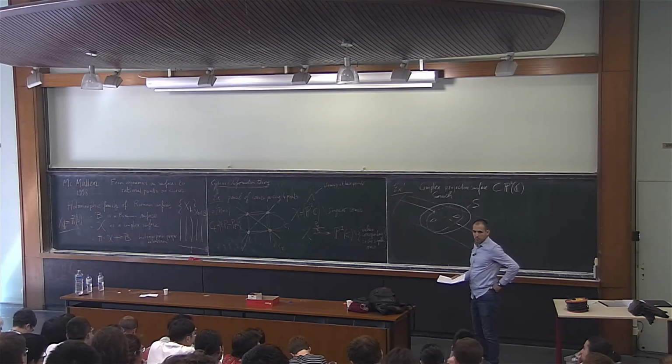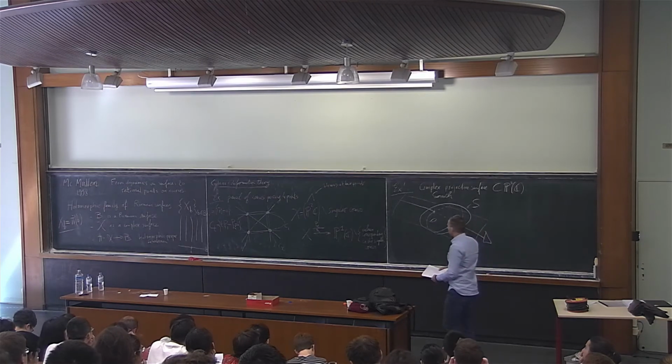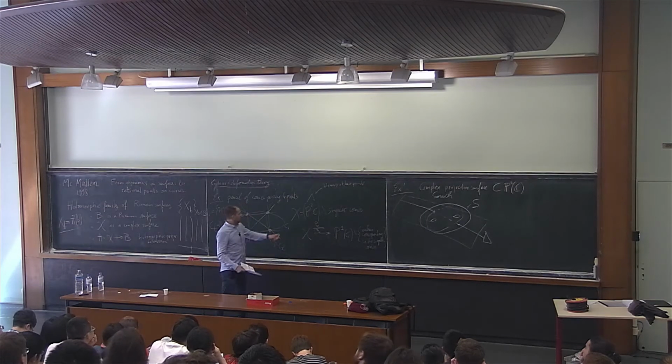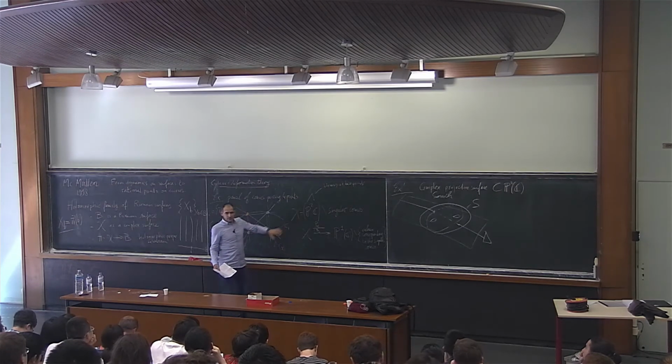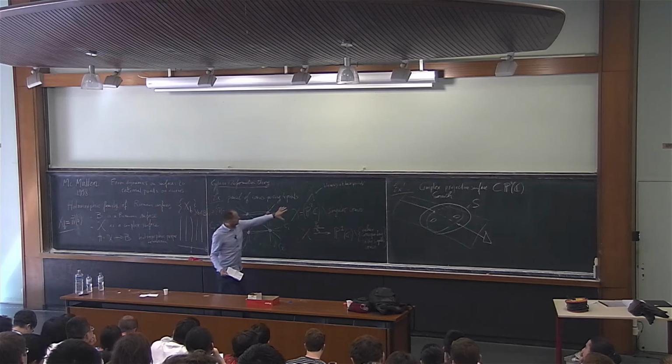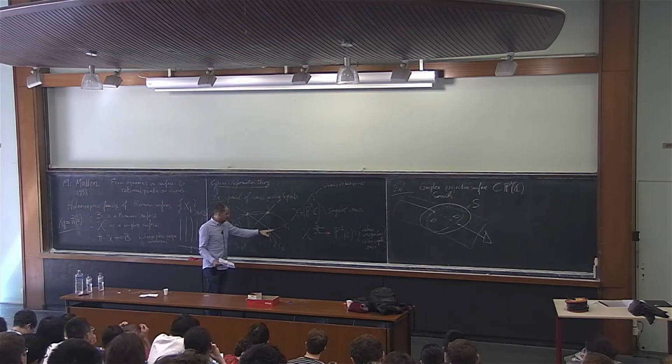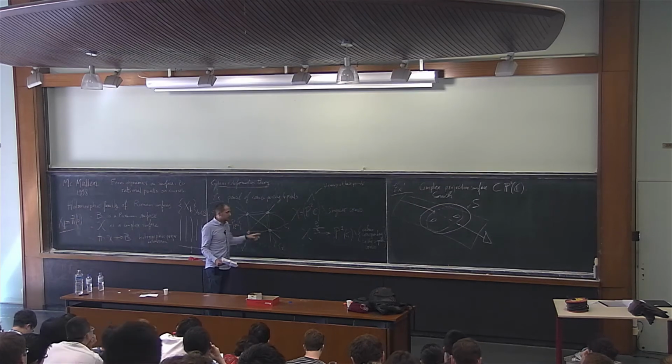So could you please point out where's the pencil in your picture? Here? X is the pencil? Yes. So no, X is the surface, right? So X is a complex surface, and in fact, you can lift the conics to this complex surface.